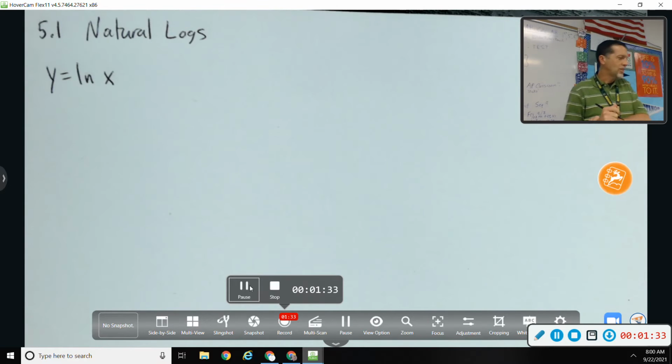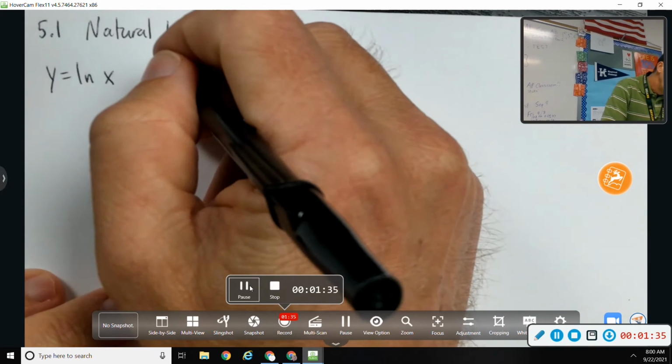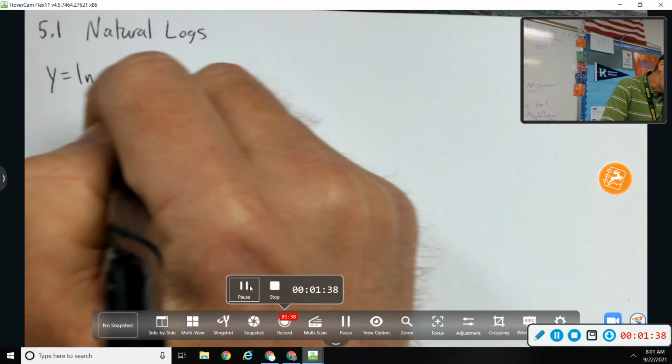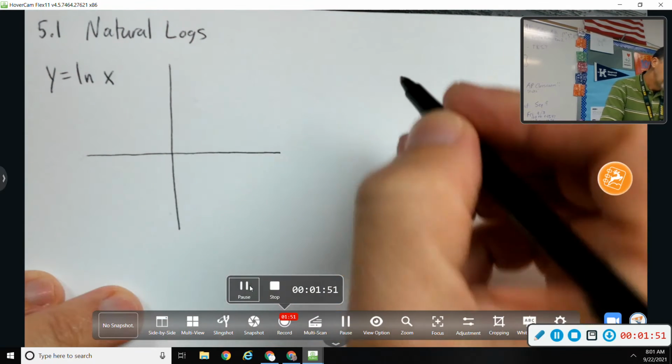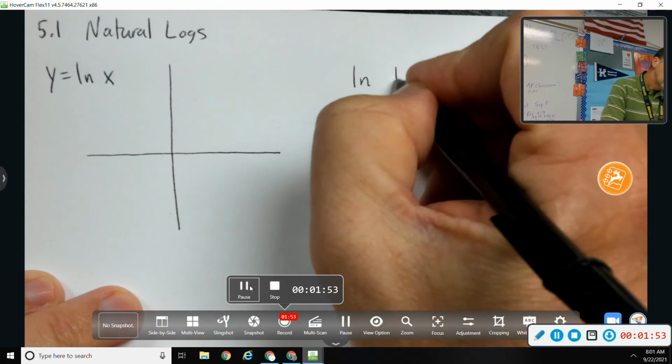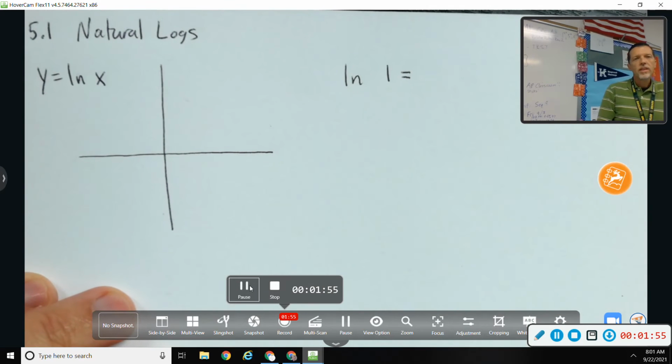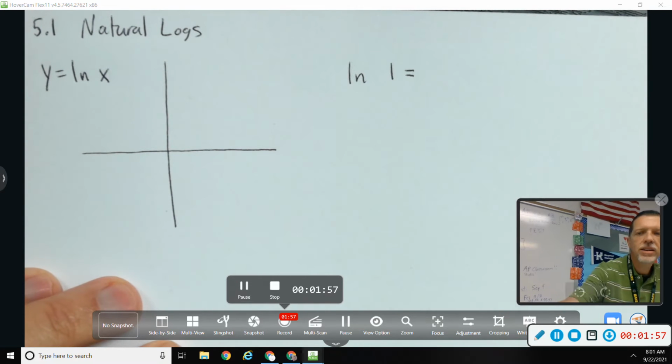All right, one step at a time here. I think looking at the graph will help us remember some of these properties. Or do we do the properties first? Natural log of 1.